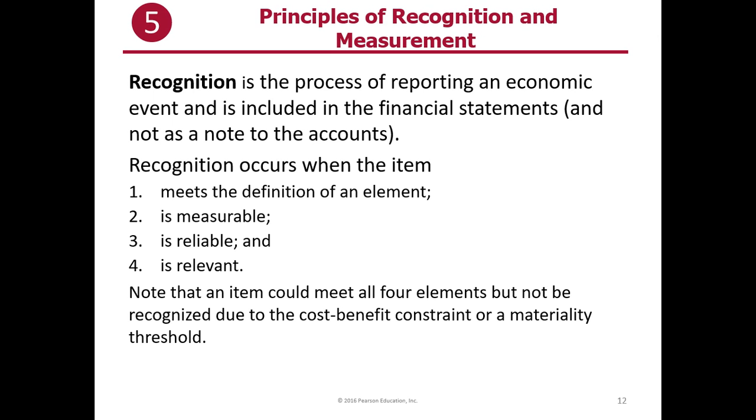But as a business manager, we are not going to make recognition. Recognition has already been done, whether inventory is an expense or income. So what we are learning is, what is recognition? Recognition is the process of reporting an economic event and is included in the financial statements. That means this is a recognized revenue or expense.